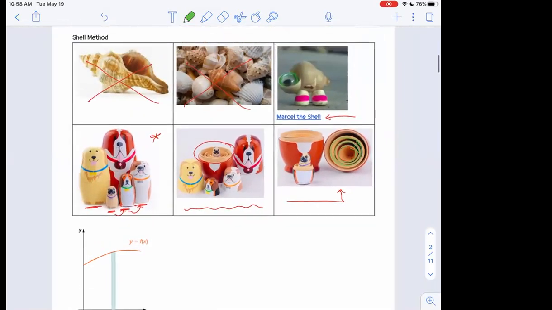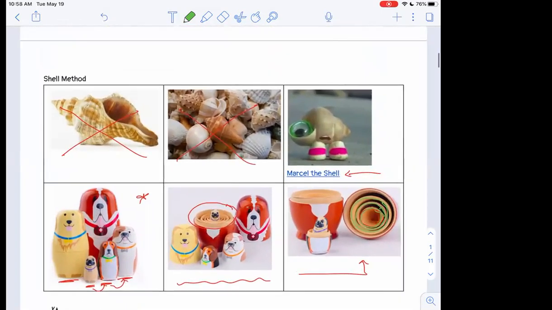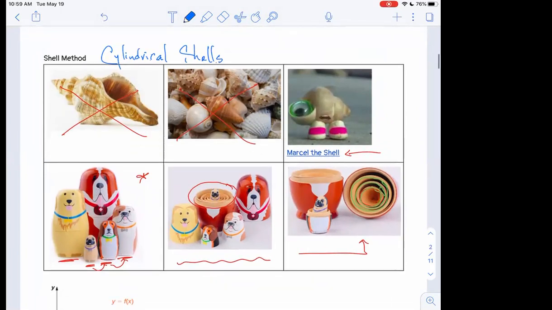So when we say shell method, another name for that is sometimes cylindrical shell. Another thing you might want to visualize for a moment is, let's say you get to the end of a toilet paper roll.